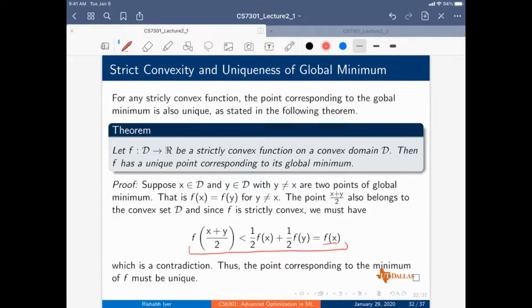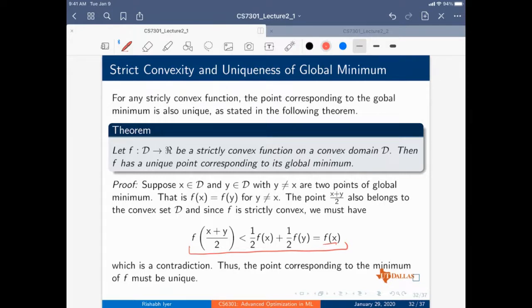Okay? So what this means is that there cannot really be two distinct points which are both identical in value and are both global minima. So again, this is one of the nice properties of convex functions.